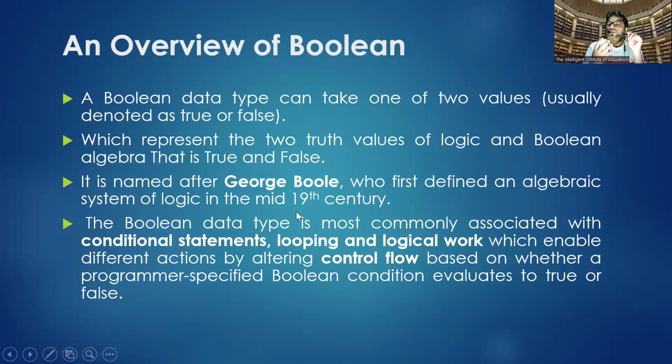So what was the reason the scientist developed the concept of Boolean? We have to understand here. This Boolean is based on logic, whatever logic we are going to apply, then the conditional statements we are going to apply, and even the looping concept.